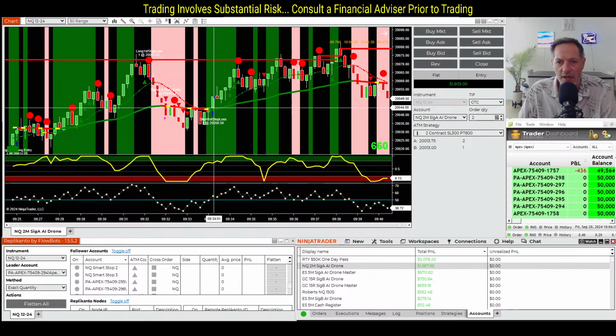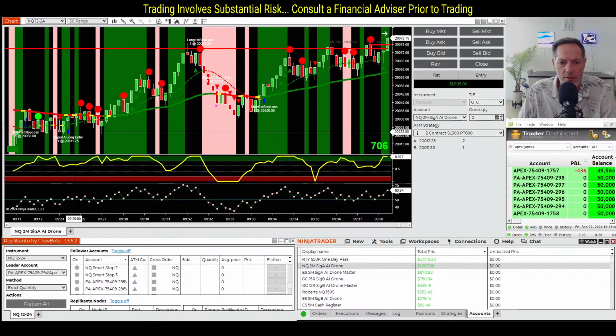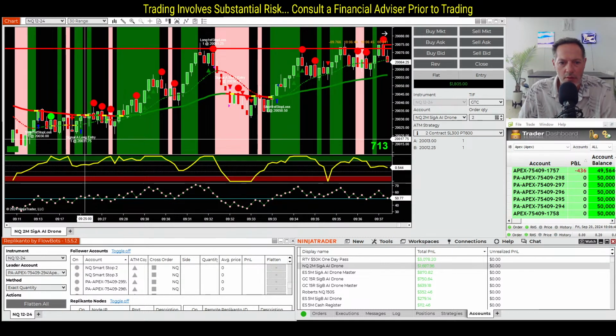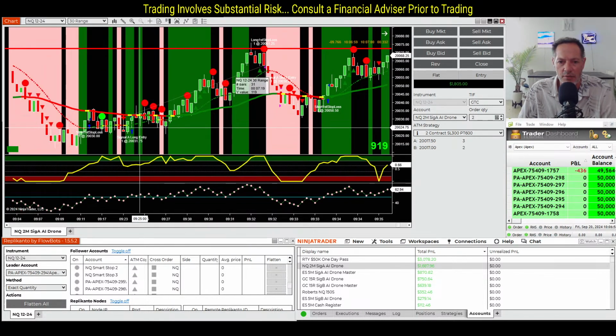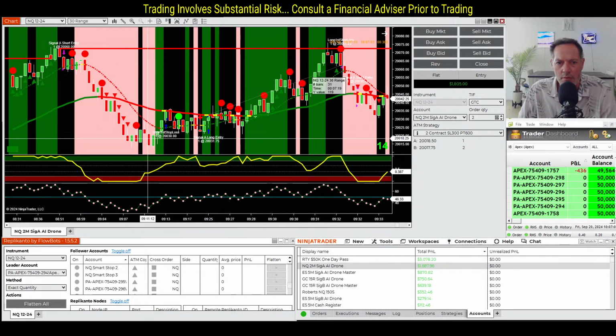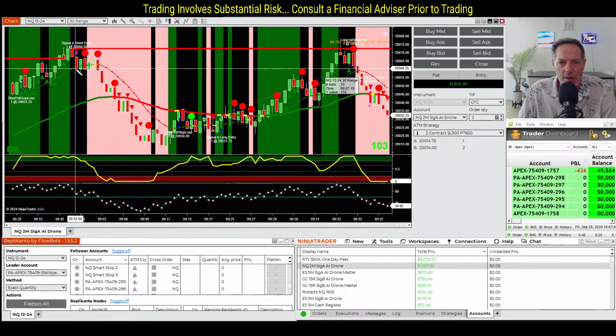This one was another stop. Okay, this one ran up good. This one was an entry. It ran it up to here. 119 ticks on that one. Oh yeah, here's another beauty. Entered here.